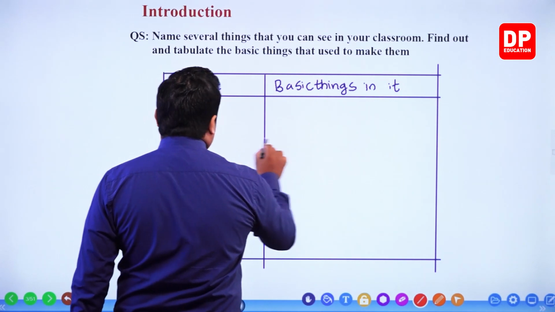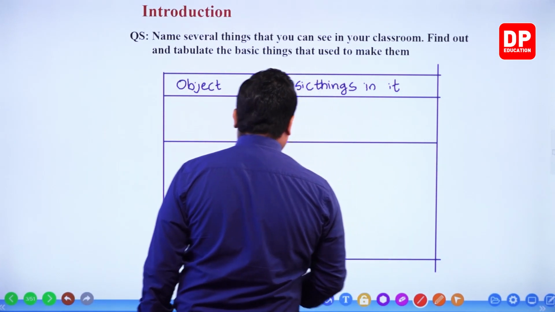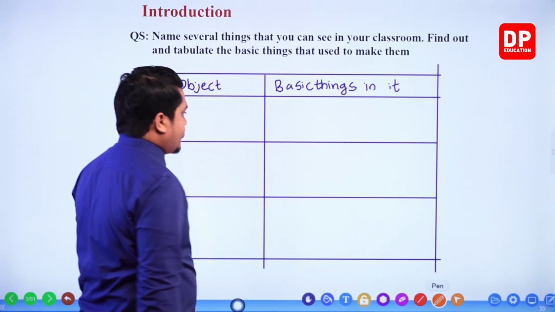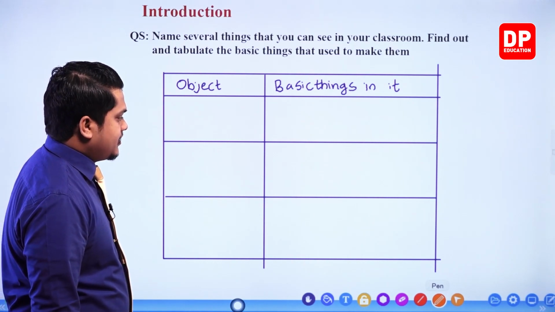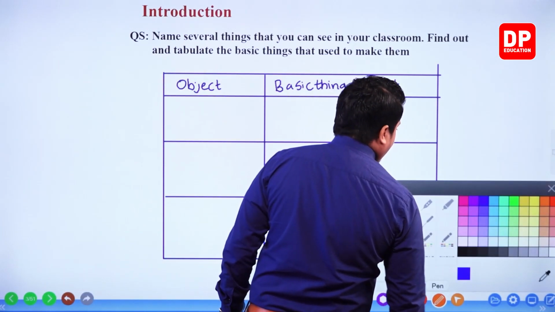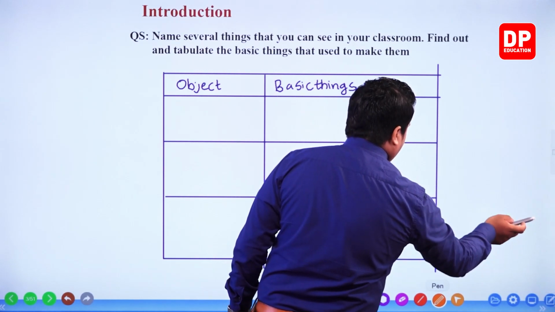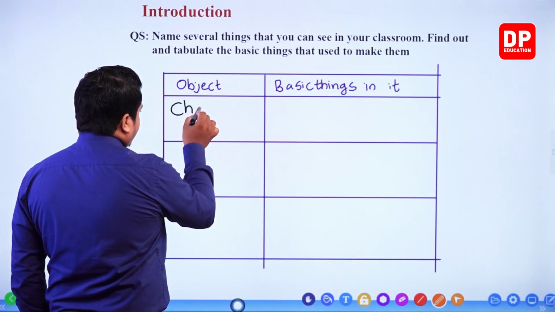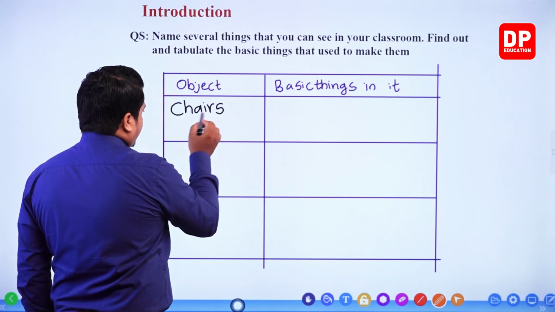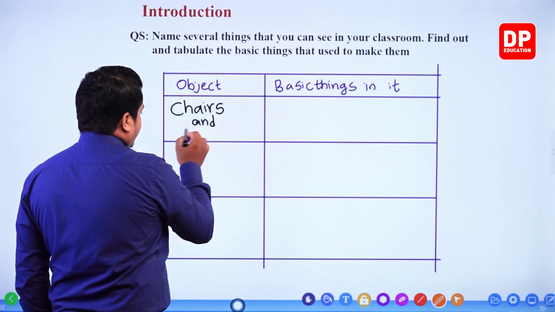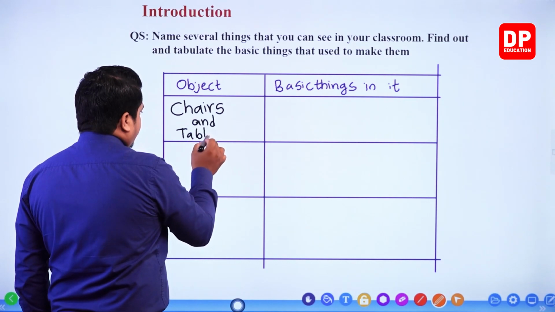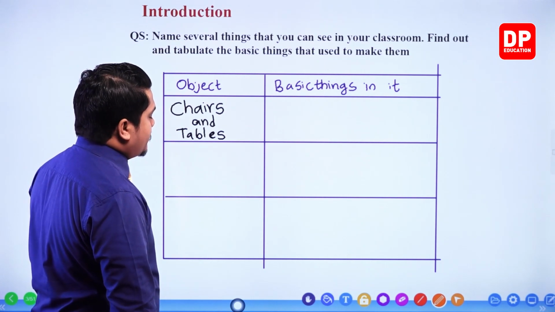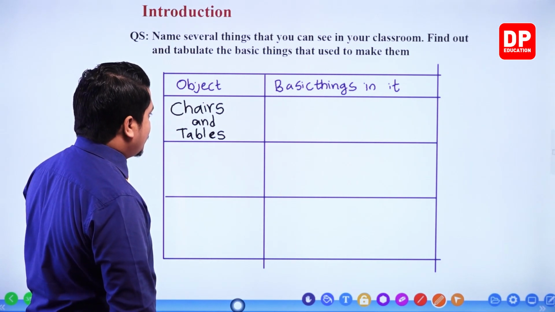So I'll write down three such objects. In order to give you a certain idea, I'll mention three of these. You know that within your classroom, my dear children, definitely you will find several chairs and tables. So chairs and tables. So what are the basic things that we can find in chairs and tables?